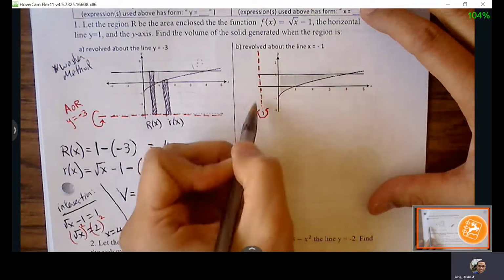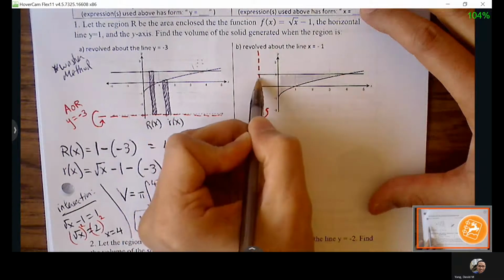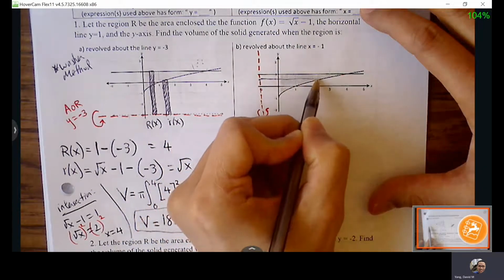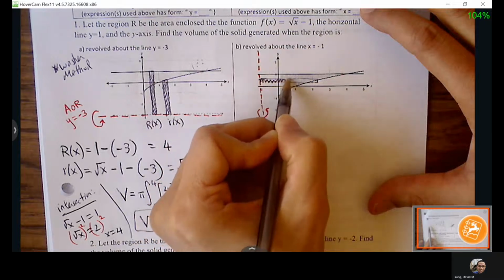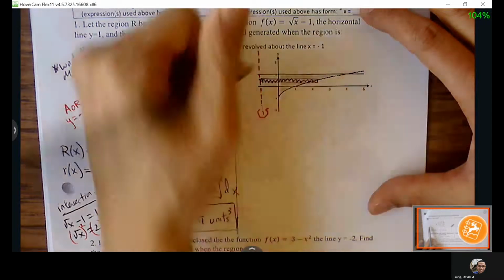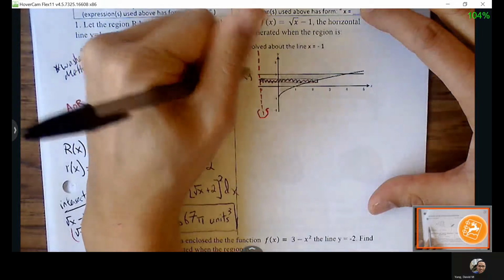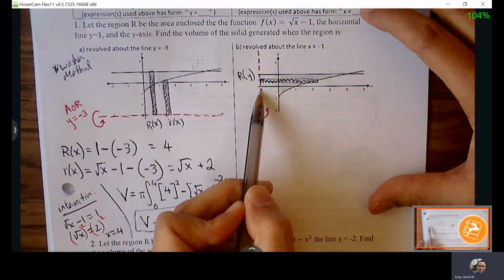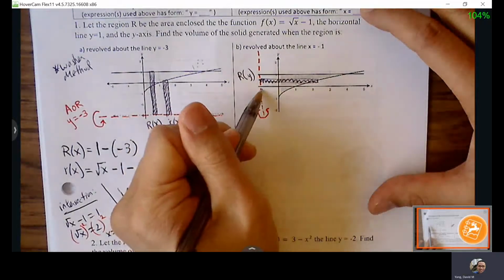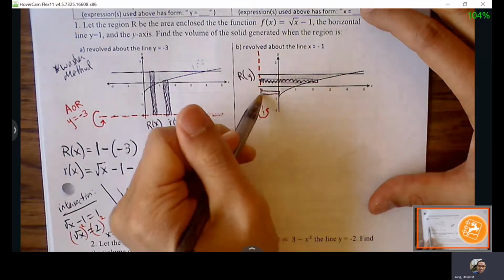Okay, again, start on your dotted line. Extend to the furthest boundary. That'll be your big radius. Okay, put your pen or pencil on the axis. Extend to the closer of the two boundaries.